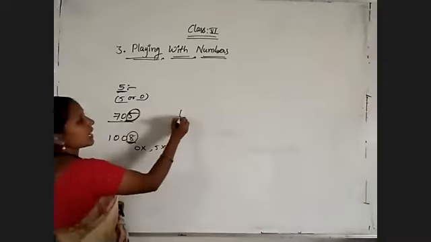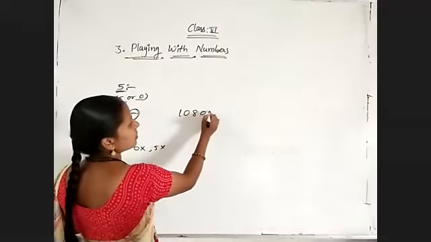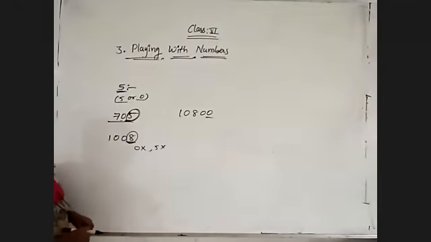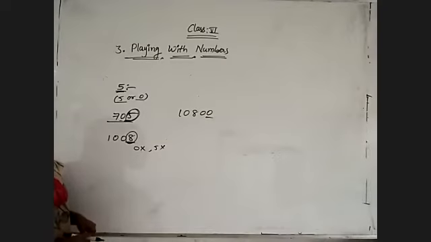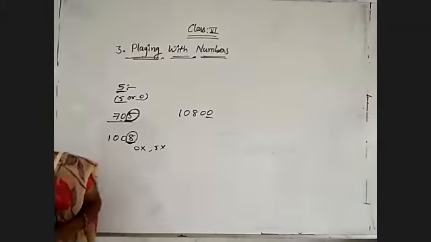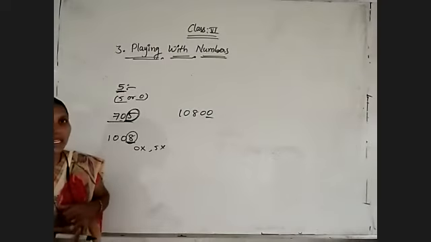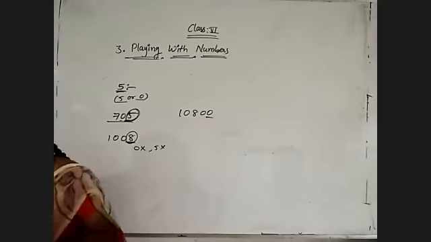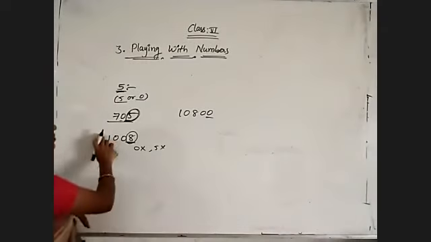Suppose I have the number 10800. Observe the unit digit. I have 0. That means that number is divisible by 5. So the divisibility rule for 5 is, if the number has 0 or 5 in its units place, then that number is divisible by 5. Otherwise, it is not divisible by 5.